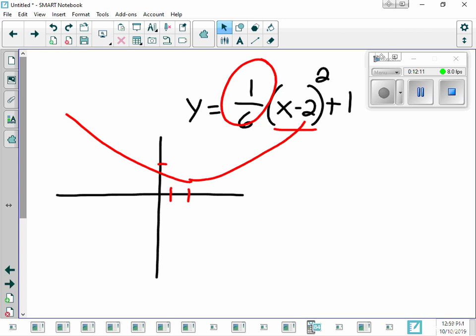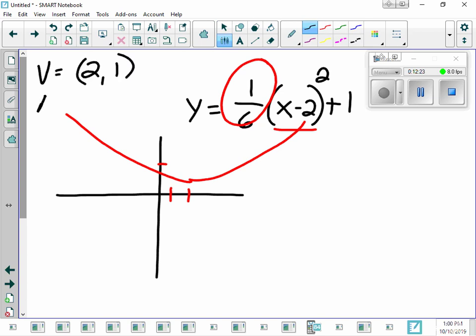That's the line that allows you to bend it together and it matches itself. So you would say vertex is 2, 1. Your axis of symmetry is x equals 2 because that's the line that splits the parabola in half. And then you draw the graph.